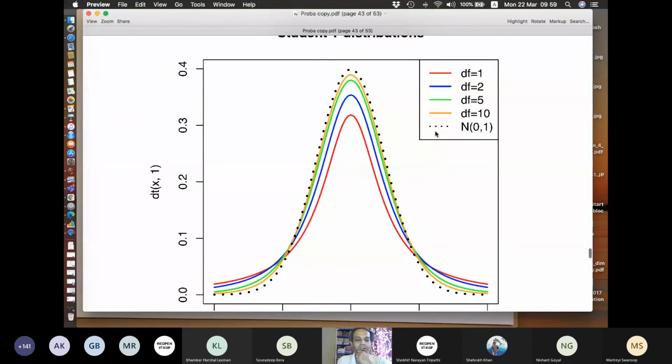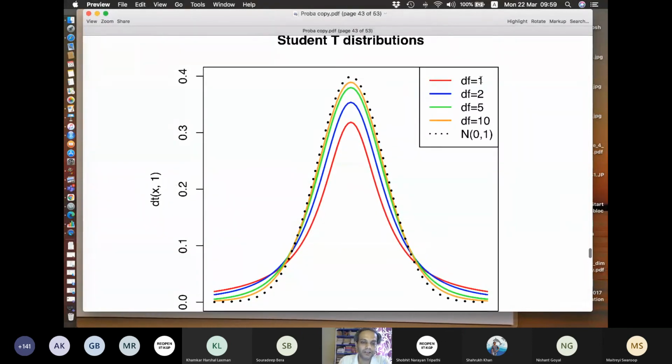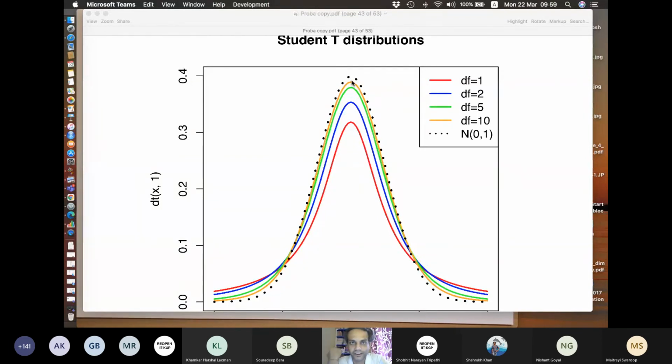This dotted one is the normal 0 1, and these solid curves are for T distribution with different degrees of freedom. So T1 has a lower peak, T2 has a little higher peak, T3 has a little bit higher peak, and so on and so forth. And as the degrees of freedom n goes to infinity, the T distribution eventually converges to the normal distribution.